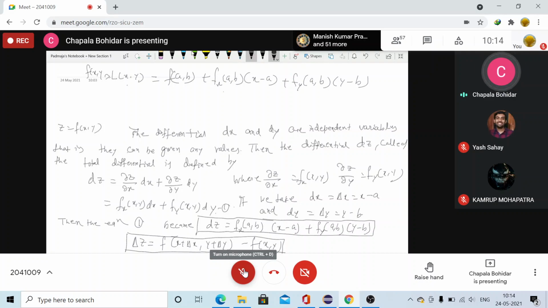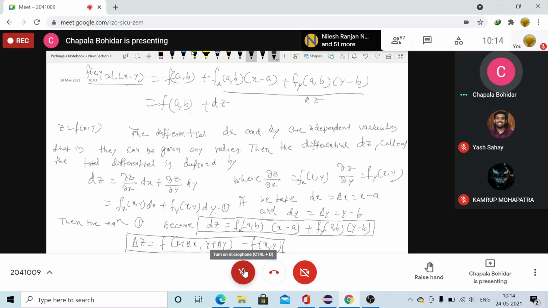This part is dz. So I can write f of (a, b) plus dz. The linear approximation can be written in this way.